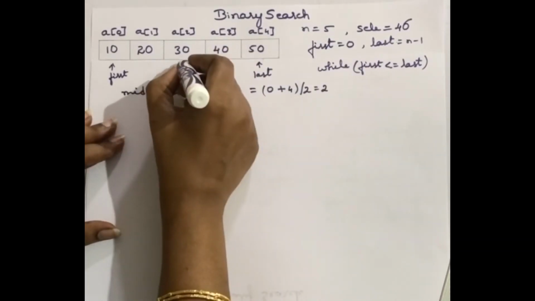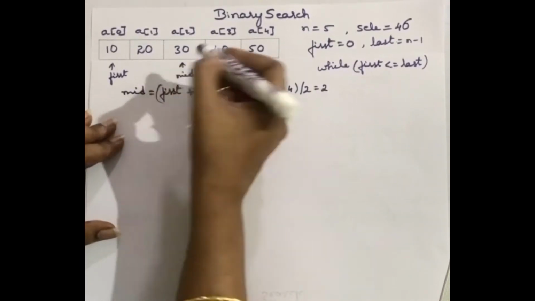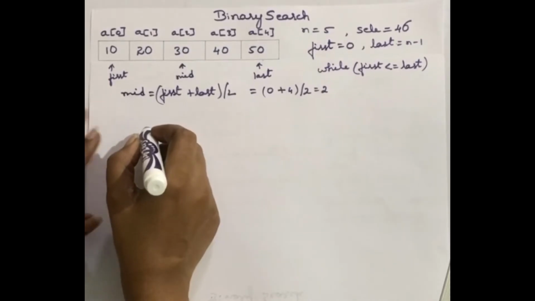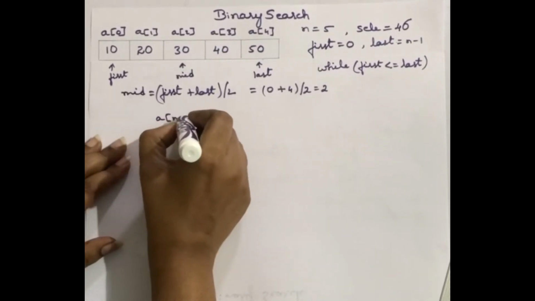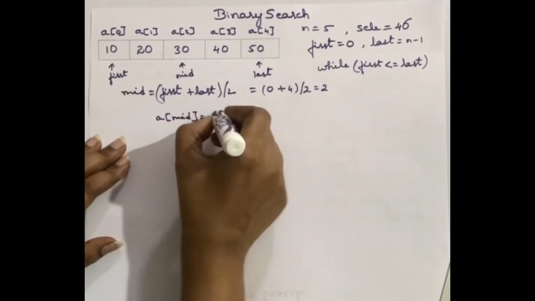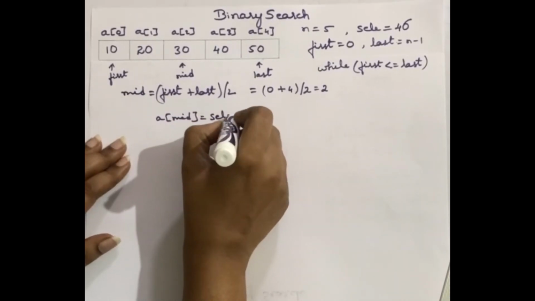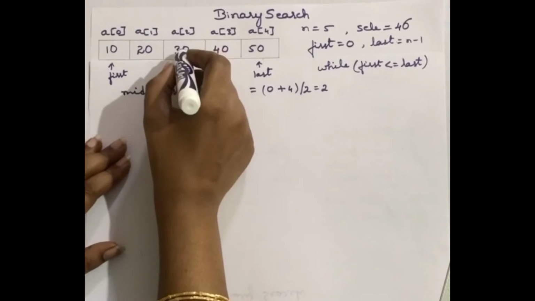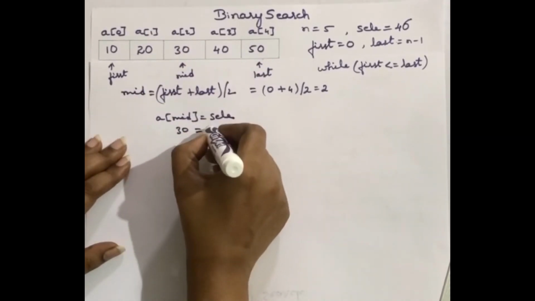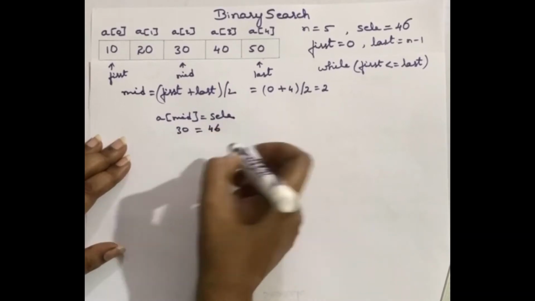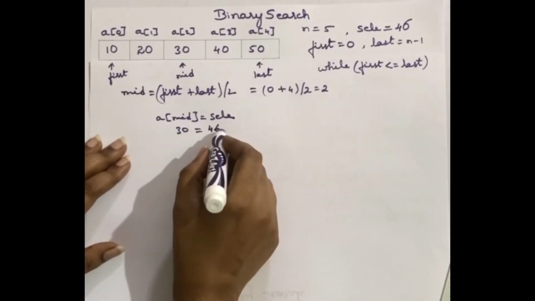Now this becomes mid. We will check now whether A of mid is equal to the search element. A of mid is 30, whether it is equal to the search element 46. Now these two are not equal, so this condition is false.